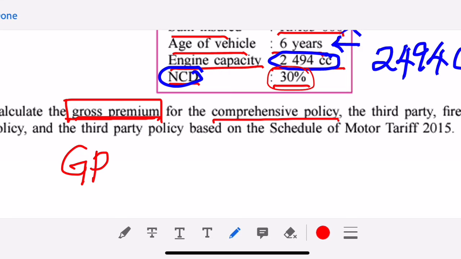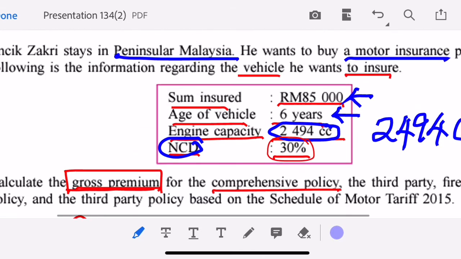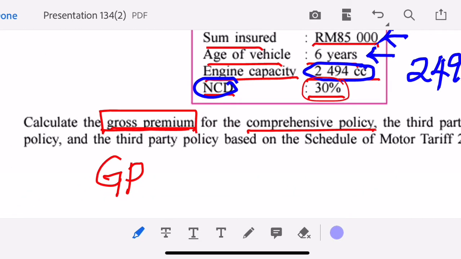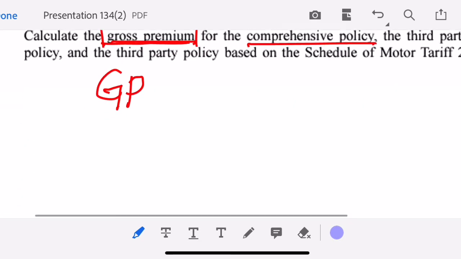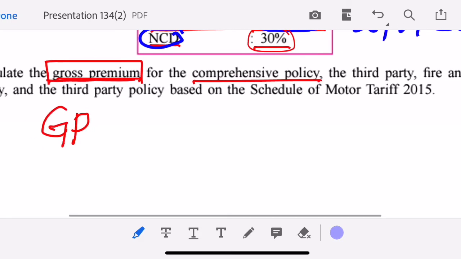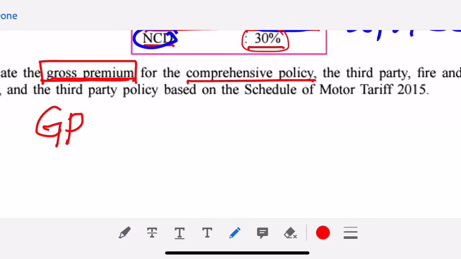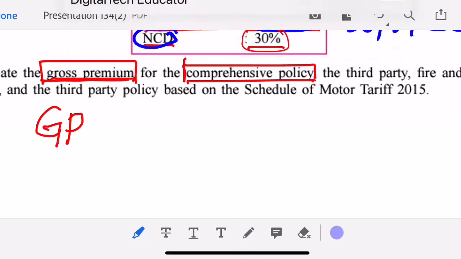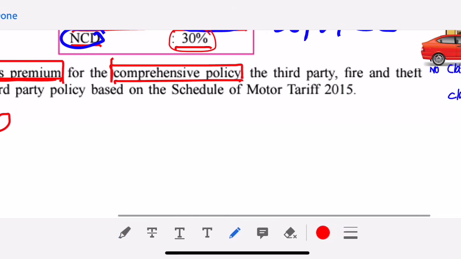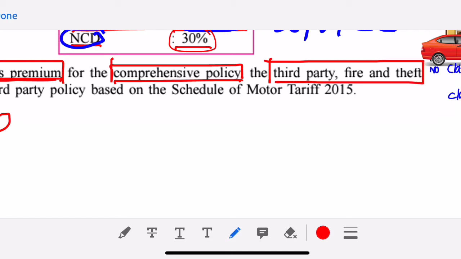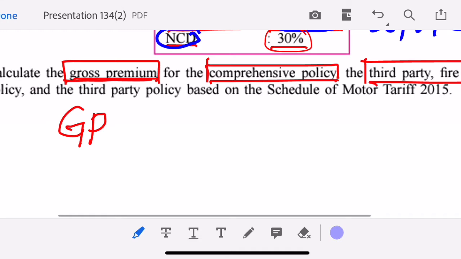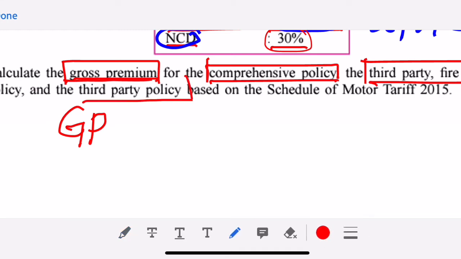So Inche Zakri is purchasing the comprehensive policy. We need to calculate the gross premium for the comprehensive policy, and also the third party, fire and theft policy, and the third party policy.